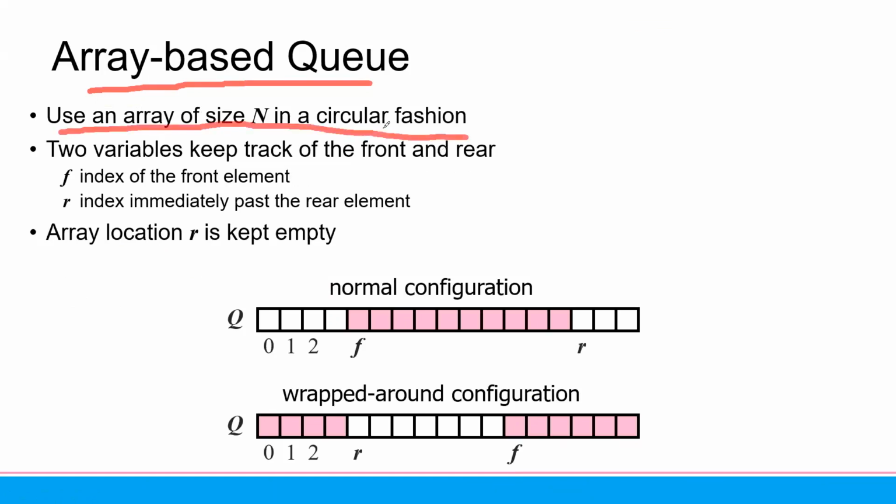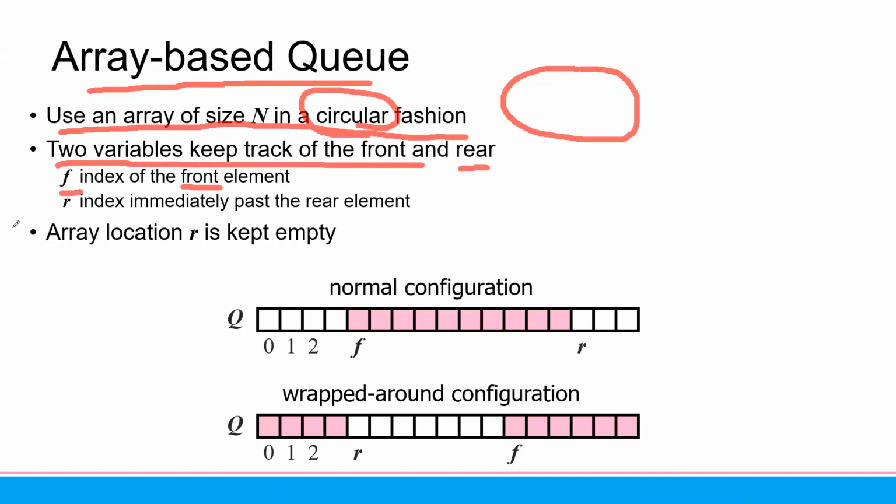Circular means circle. There will be two variables to keep track of the front and the rear. We have F, which is front, and R is rear.